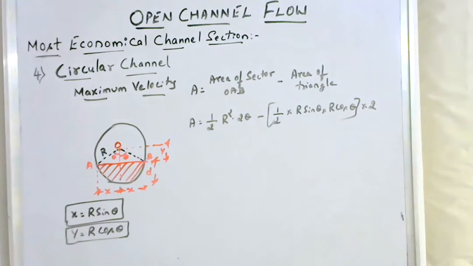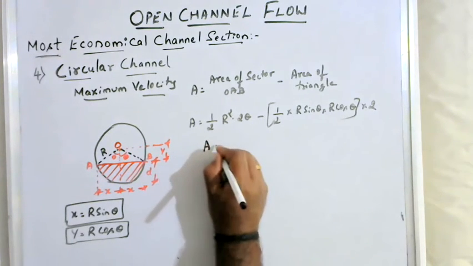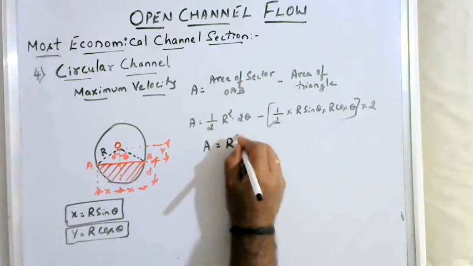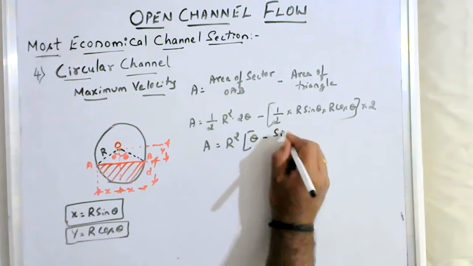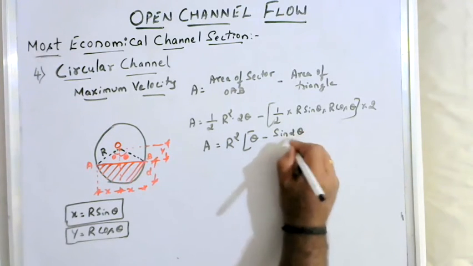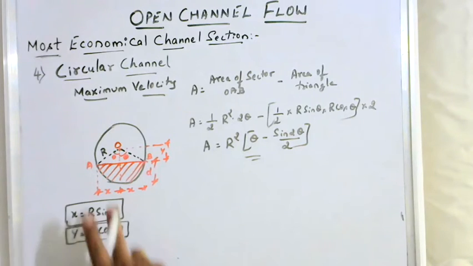If you simplify, you will get the area as r squared into theta minus sine 2 theta by 2. This is the area of the circular channel which is running half full.